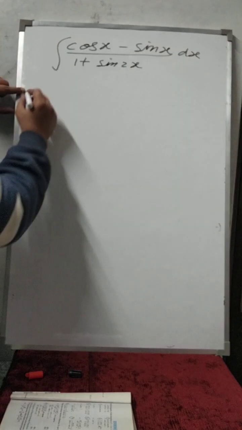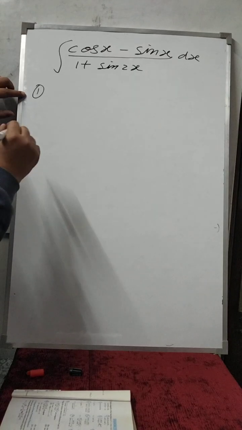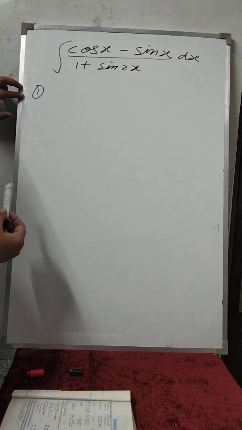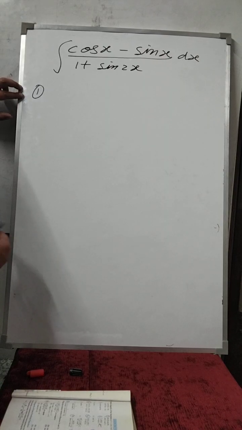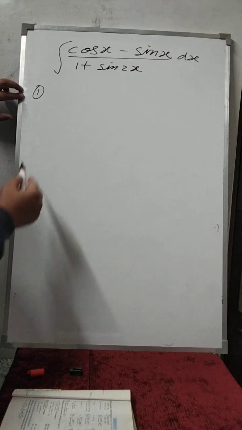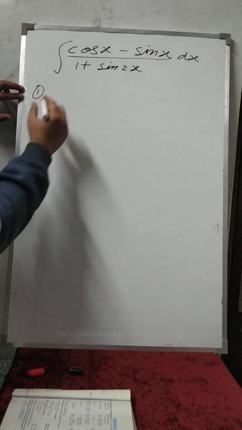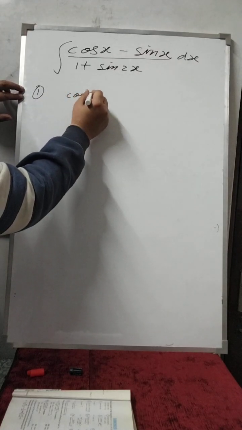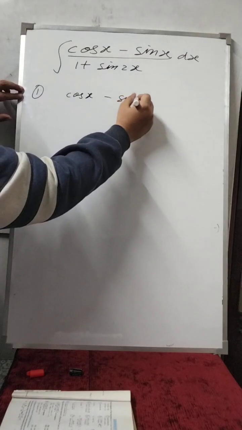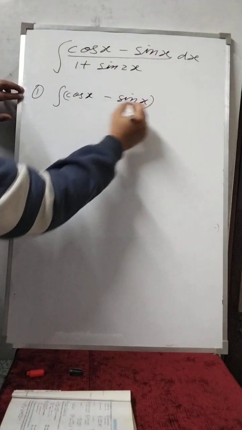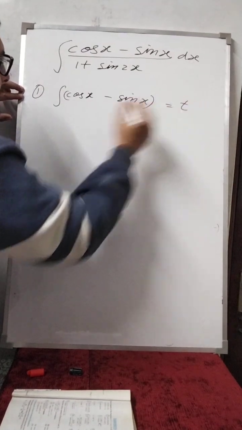My first step will be to integrate the numerator, which is cos x minus sin x, and put that as t.